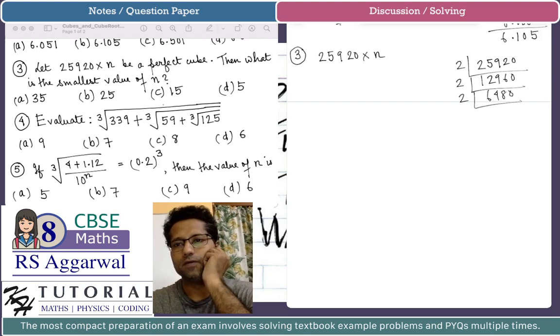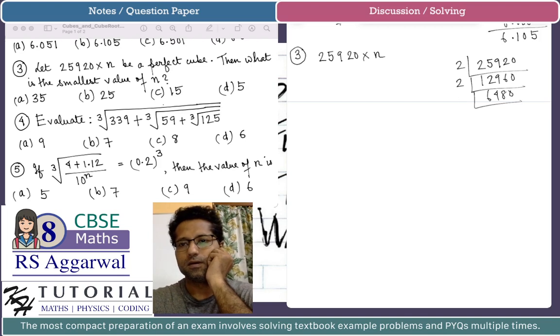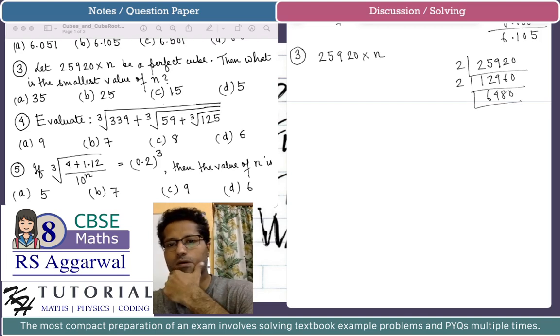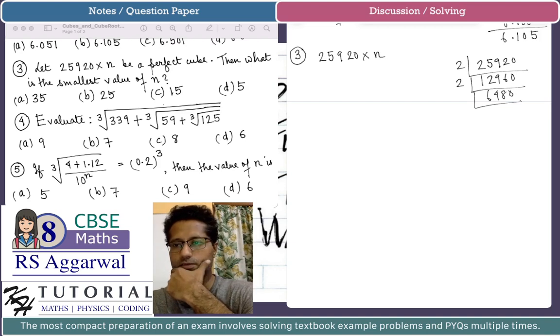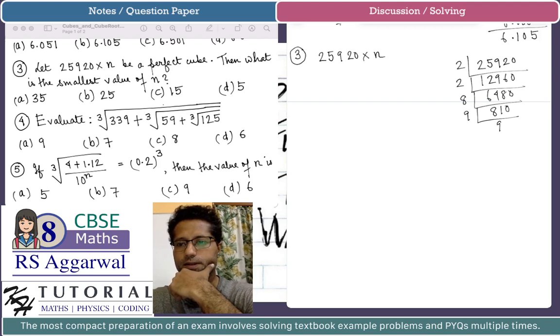I think it will divide by 8 also. Let's try to make the calculation fast. So it will divide by 4, 810, and it will divide by 9, 90, again 9, 10, and 2, 5.